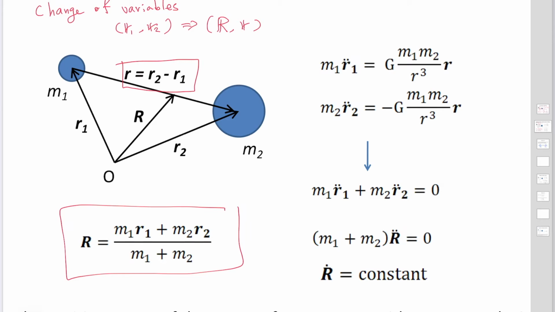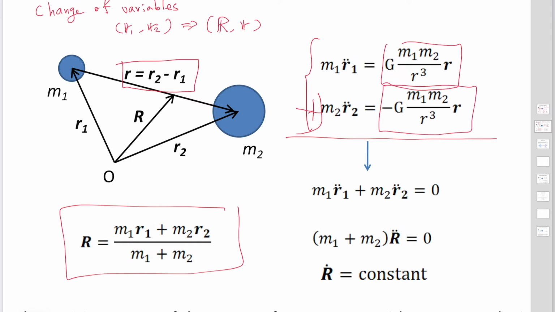Then we write the equations of motion again. If you sum up these two equations, they have exactly equal magnitude but opposite direction, so there is a negative sign. The sum becomes 0, and the left hand side becomes the sum of these two.